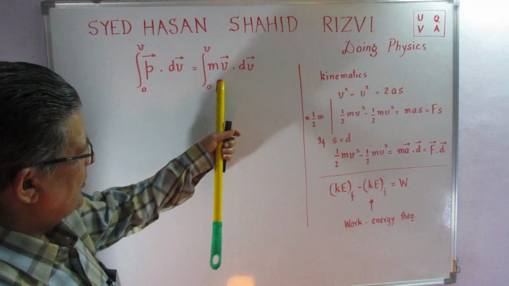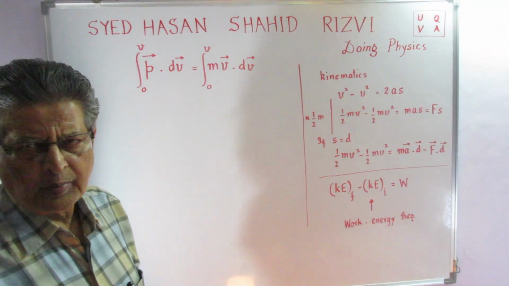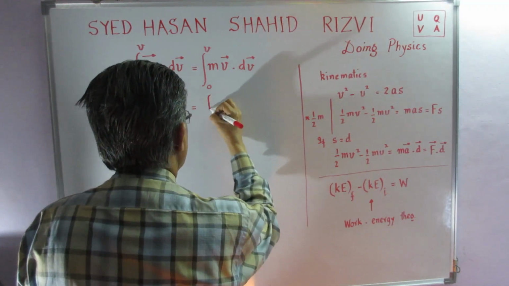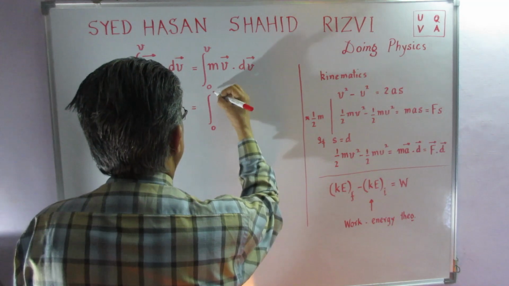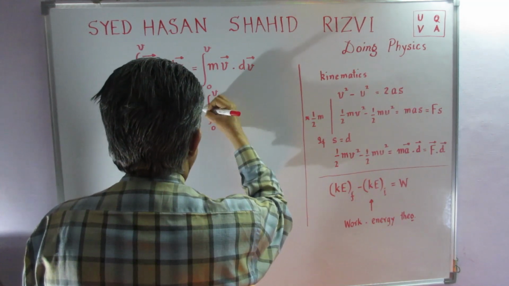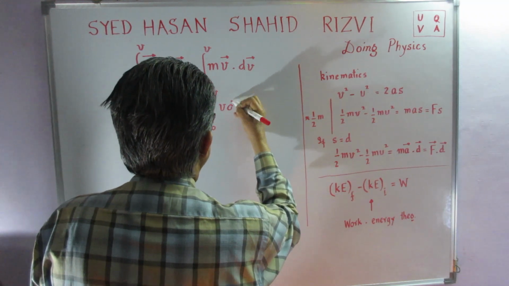So what is v dot dv? V dot dv is just v dv. So I can write this equation as integral 0 to v, m I can take out if I like, and now v dv.